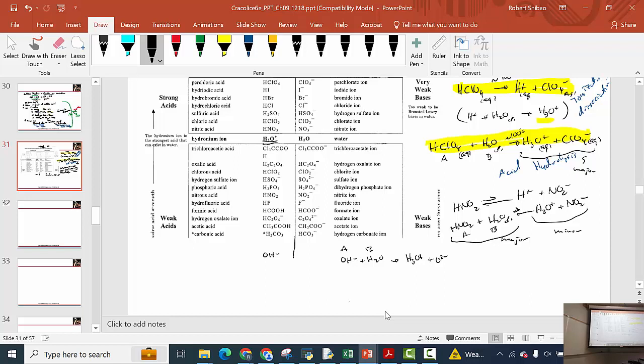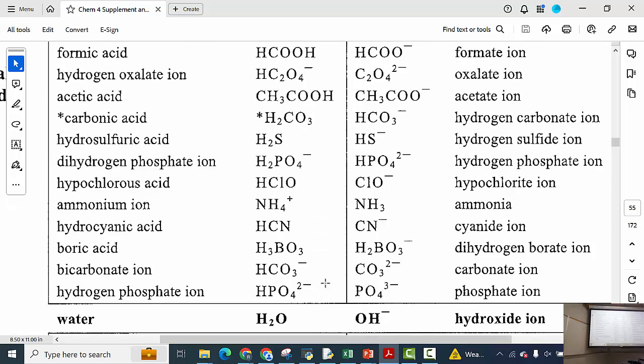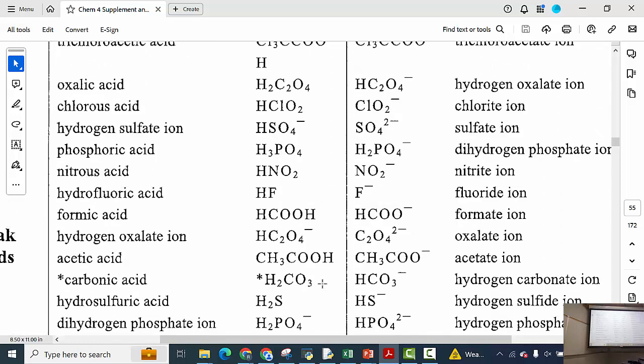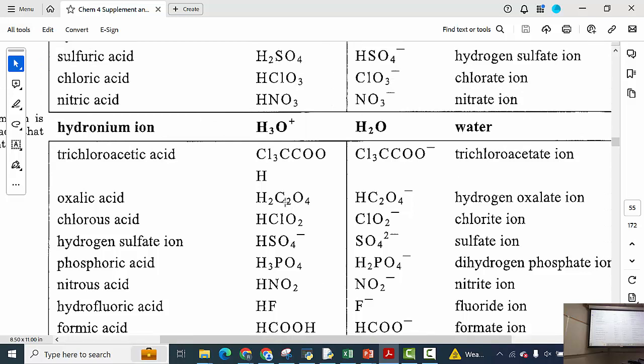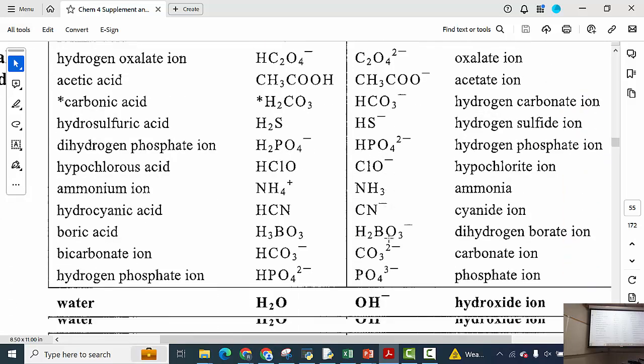Now, how high of a climb is this? So if we start off with hydroxide here at the bottom, and we climb up to hydronium at the top, how high of a climb was that? That was pretty high. What percentage of the population do you think can make it that high? Close to zero.